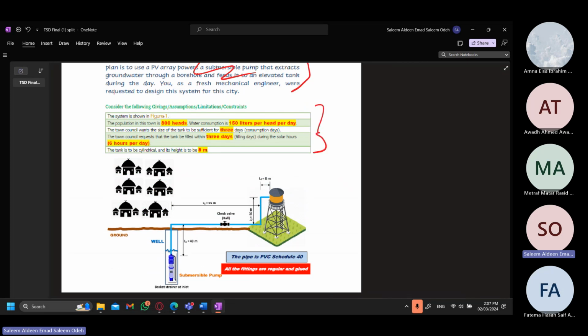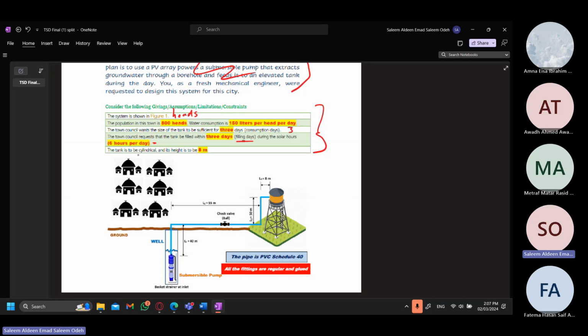Here it gives you the population in this town, so the amount of heads. The water consumption is 150 liters per head per day. The town council wants the size of the tank to be sufficient for 3 days. The town council requests that the tank be filled within 3 days, so you have filling days during the solar hours, so 6 hours per day.